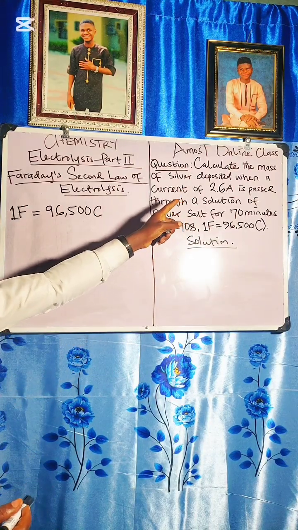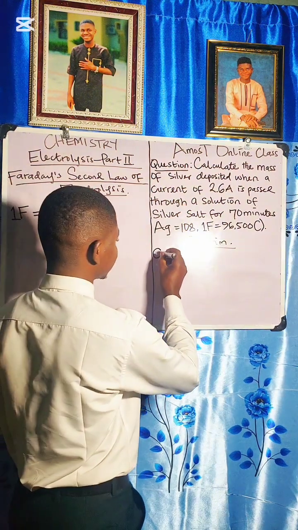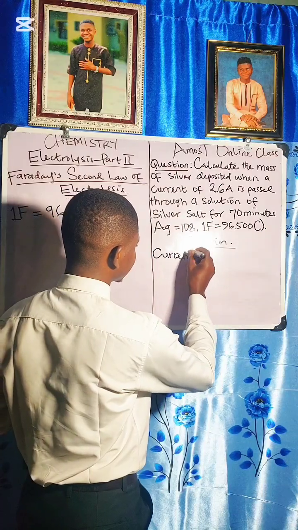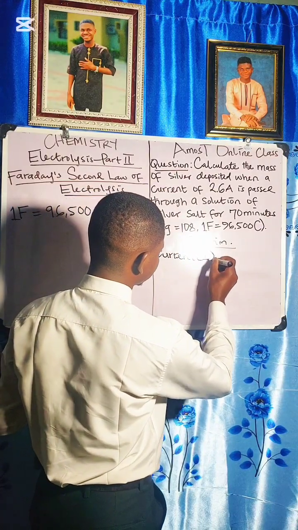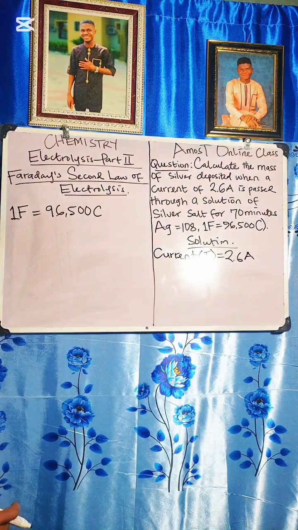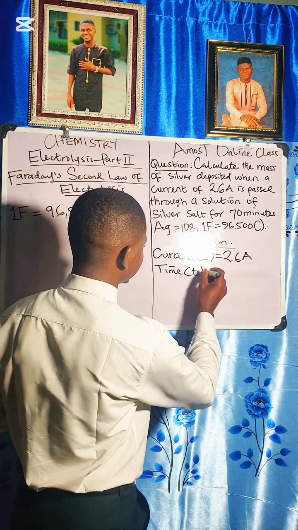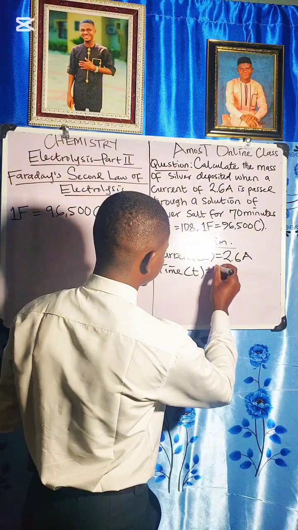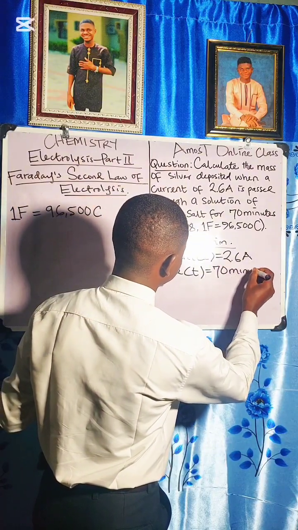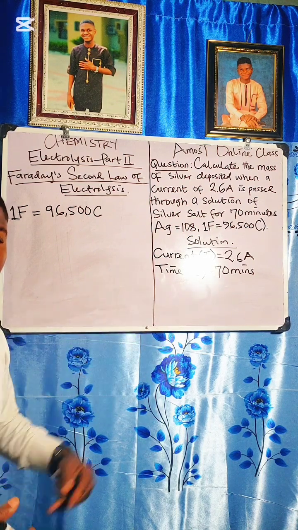Now from this question, the current is equal to 2.6 ampere. Time is equal to 70 minutes. Now we have to convert 70 minutes to seconds. How do we do that?